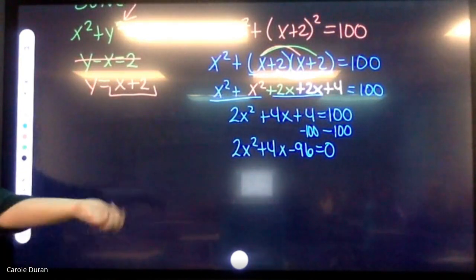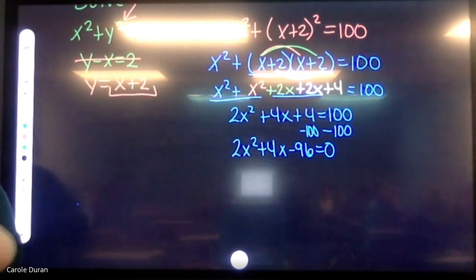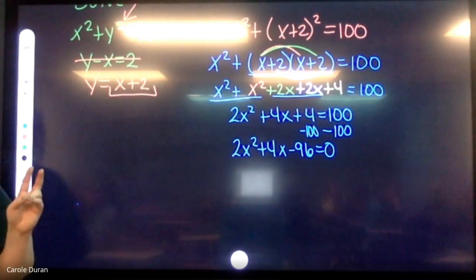Now I would like to solve this, but I have to identify something first. What do I notice about all three of these terms? Say that again. Who said it? They're even, which means they have a common factor of 2, because they're all divisible by 2.